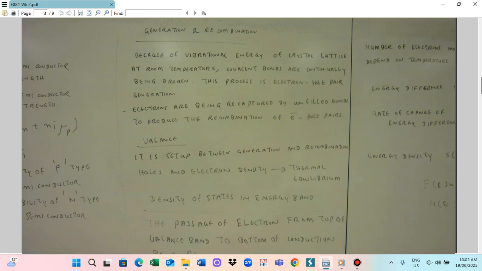At room temperature, covalent bonds are continually being broken. So this process is electron hole pair generation.